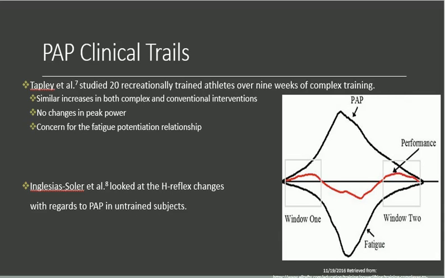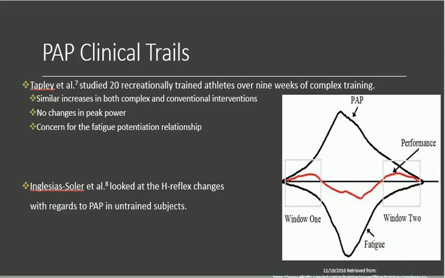Now, looking at recreationally trained athletes, and this is where most of the studies lie, they were split into two groups, a complex and a conventional training intervention, for 9 weeks. And what they noticed was no change in peak power, and both groups had similar changes and no significant differences between the groups.